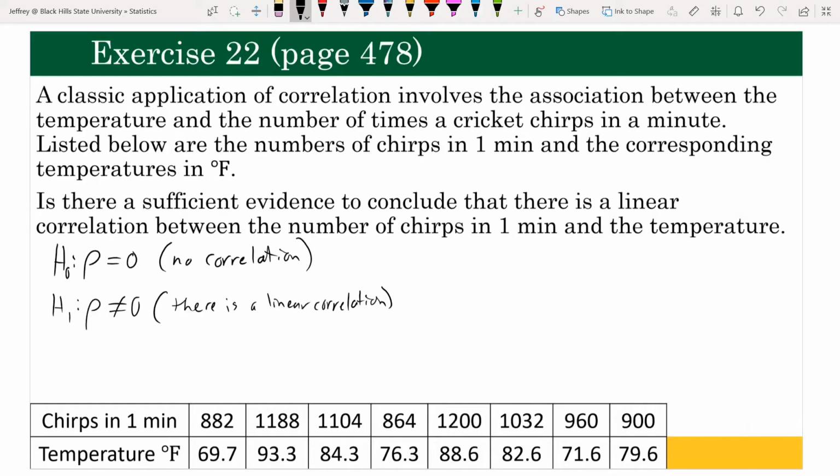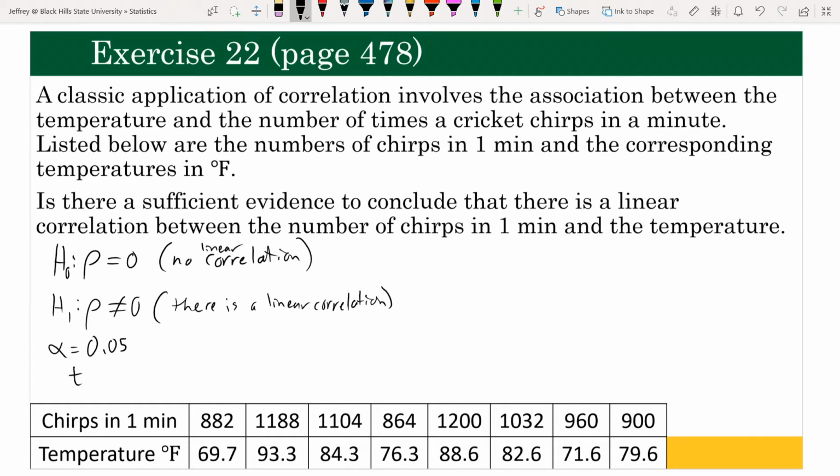I should be more specific that it's no linear correlation. So the null and alternative hypothesis will always be that rho equals 0 and rho not equal to 0 for this class. Now, of course, I forgot to mention what our significance level is in the problem. I'm going to assume it's 0.05. That was my fault for not including that.